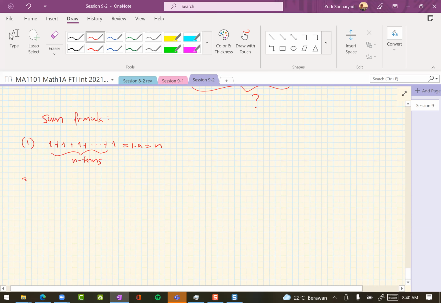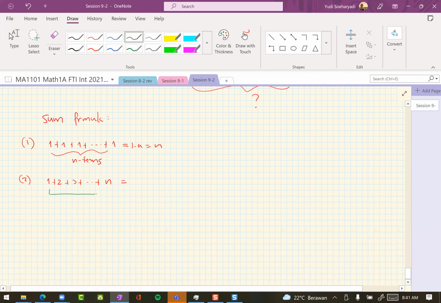Okay, now let's do something increasing. So 1 plus 2 plus 3 till n. Anyone remember this formula here? Let's do some observations here.